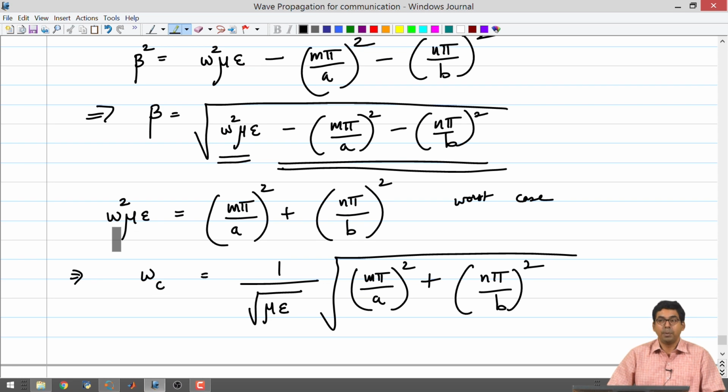Eigenvalues will tell you about the omega square mu epsilon, because these are discrete values, and eigenvectors will tell you about the distribution of the field itself, the standing wave pattern of the field Ez. So, there are ways to do it. Those are all treated in your higher level courses in computational electromagnetics, where they talk about mode solvers and things like that. But essentially, it just means finding eigenvalues of the wave equation.